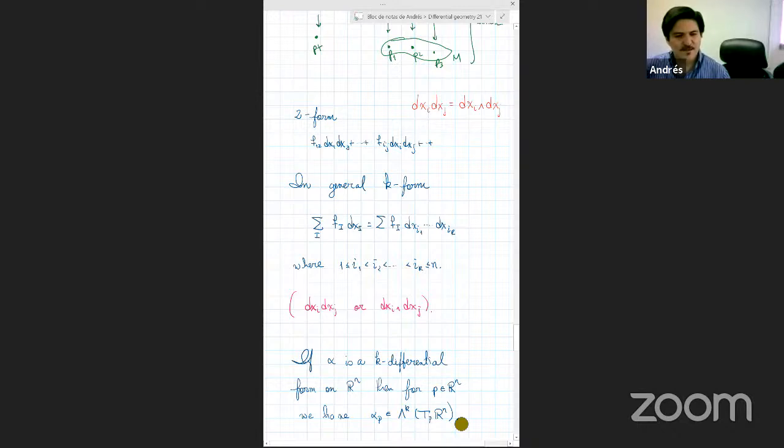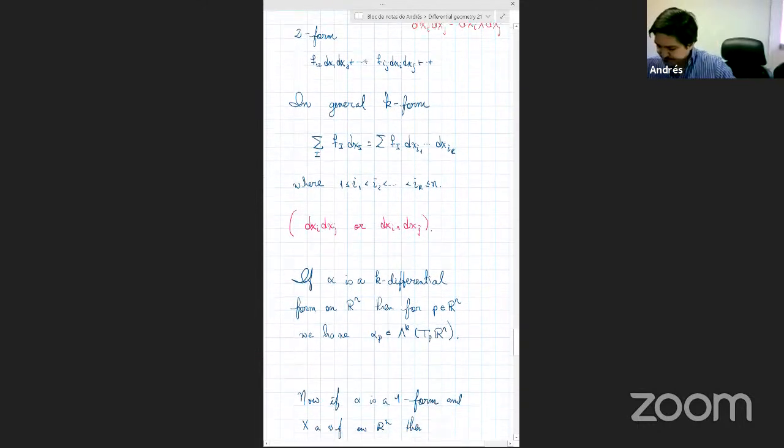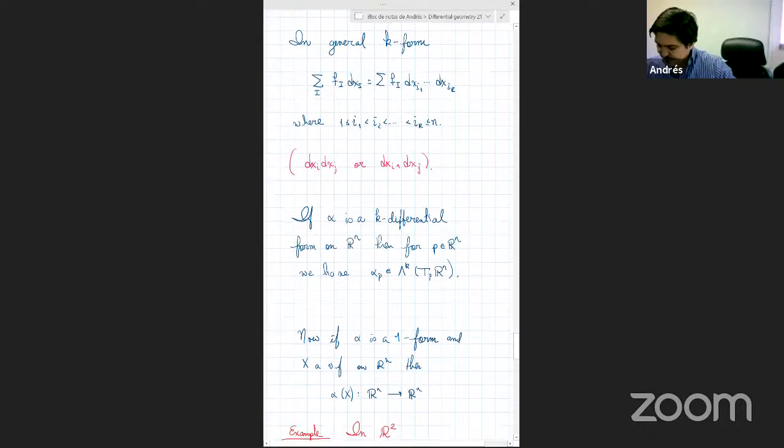So that's what a differential K-form is. You see here the K. I'm only talking about Euclidean space and the point. I mean, this is the same thing as a vector field. At each point, I have a vector in TP of n. That was a vector field. In that spirit, it's the same. At each point, a vector, but in a different vector space, not necessarily on the tangent space. Okay.